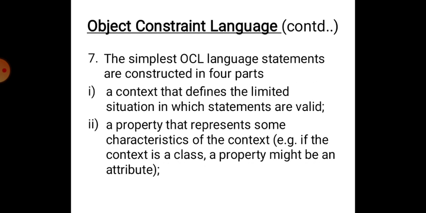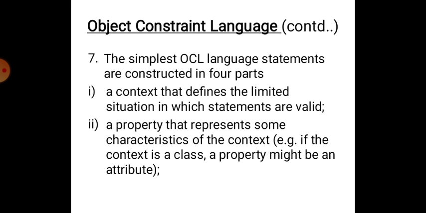Point number 7. The simplest object constraint language statements are constructed in four parts. One, a context that defines the limited situation in which statements are valid.